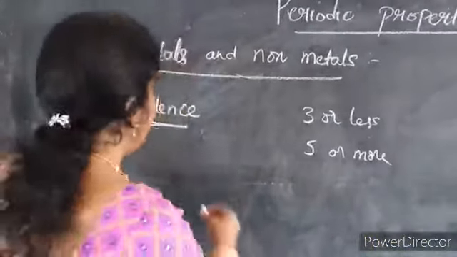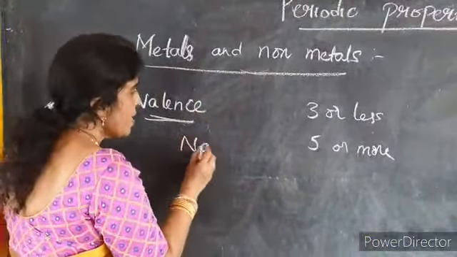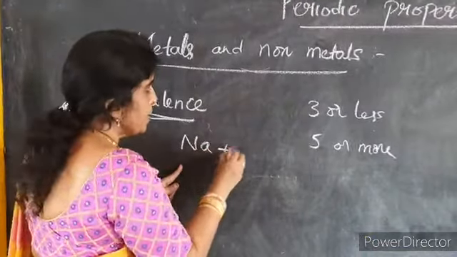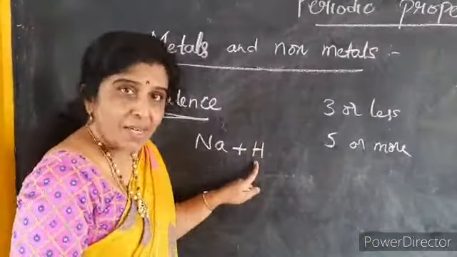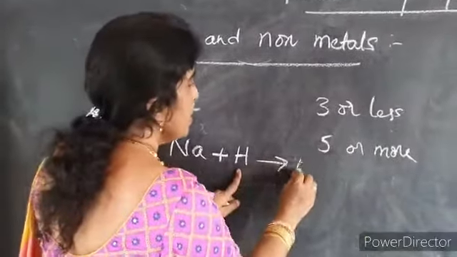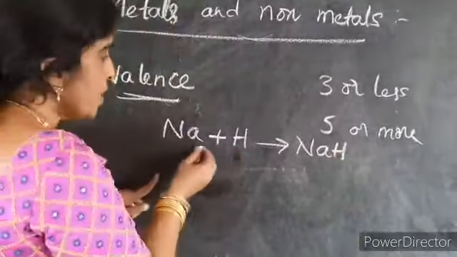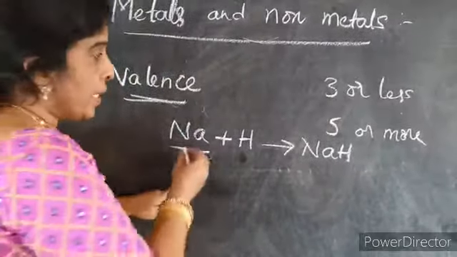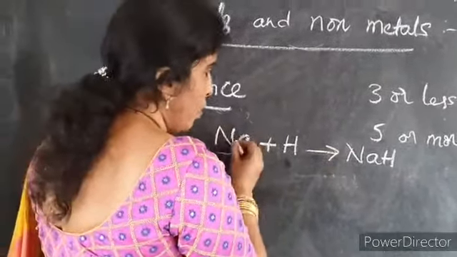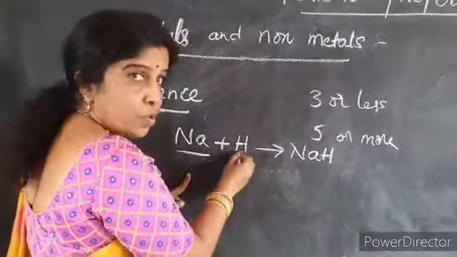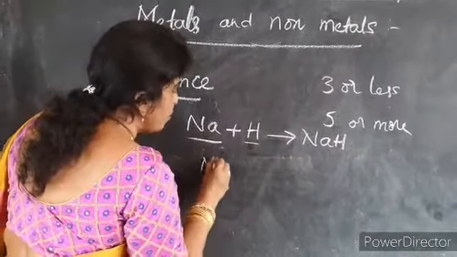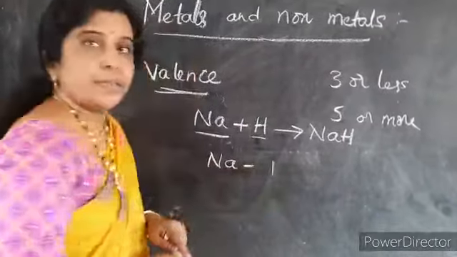For example, sodium: one atom of sodium combines with one atom of hydrogen, and you will get NaH, sodium hydride. Then what is the valency of sodium? It is forming a bond with one hydrogen atom only. So the valency of sodium is 1.